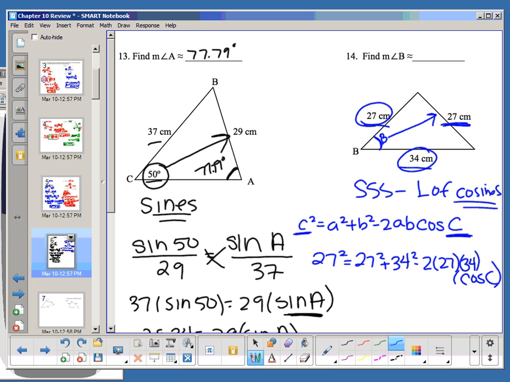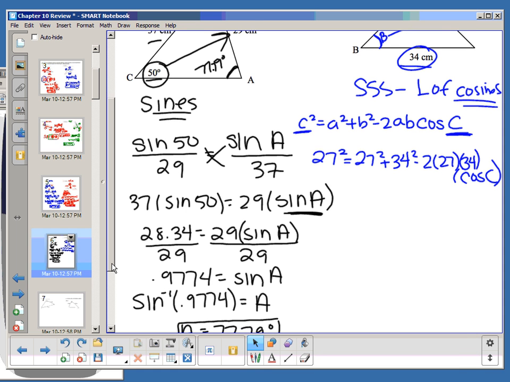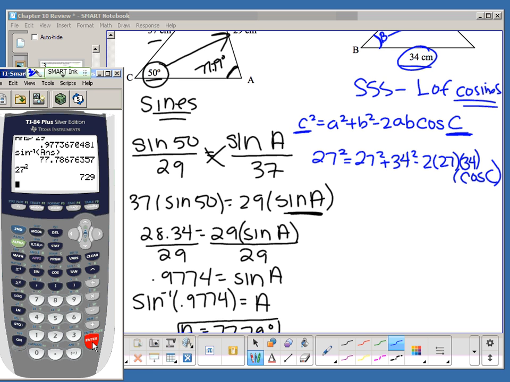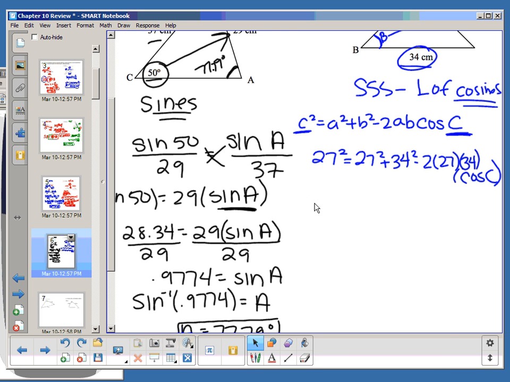So there's my equation. So I'm going to go to my calculator and just start calculating things. So 27 squared is 729. So I got 729 equals, and then I'm going to add these two together.